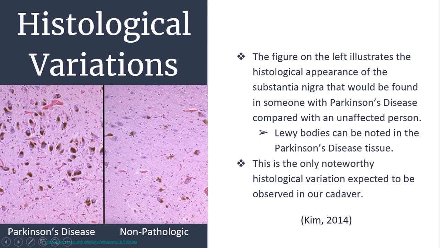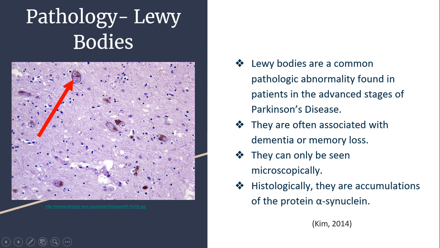They're very common, found in Parkinson's patients. They are associated with dementia and memory loss, but they can only be seen microscopically. So that's a really cool way that we were able to tie in our anatomy experience with cell biology this semester. And just histologically, for your information, they are accumulations of the protein alpha-synuclein. So it's pretty cool.